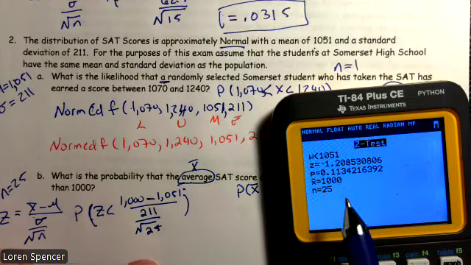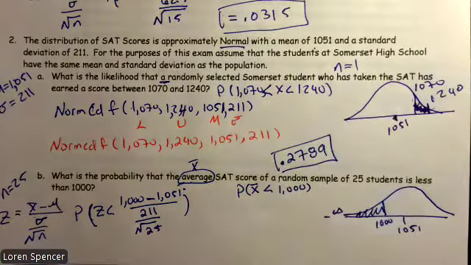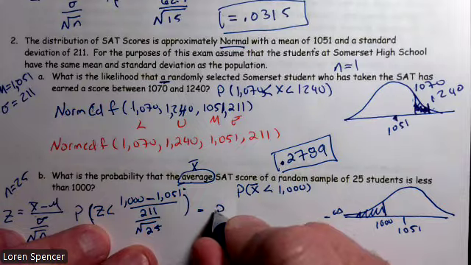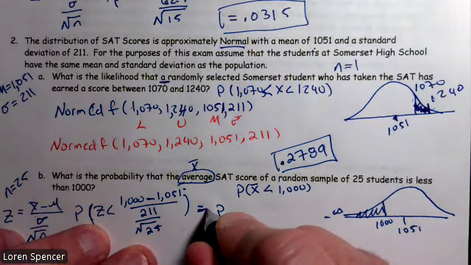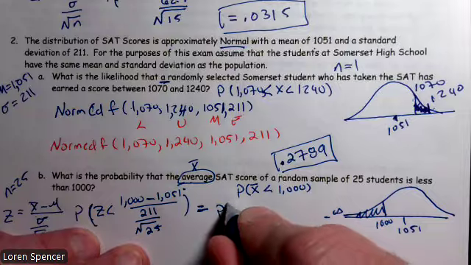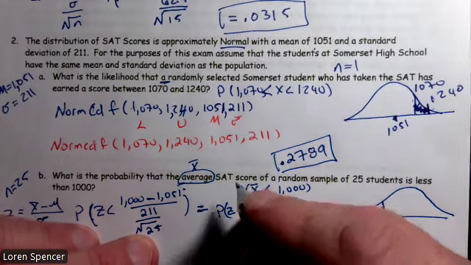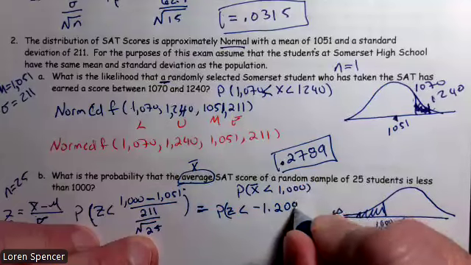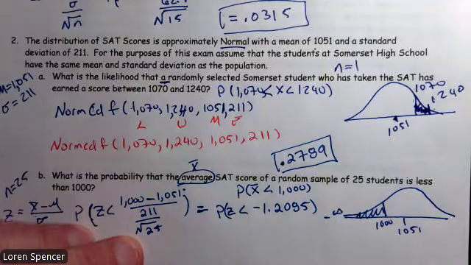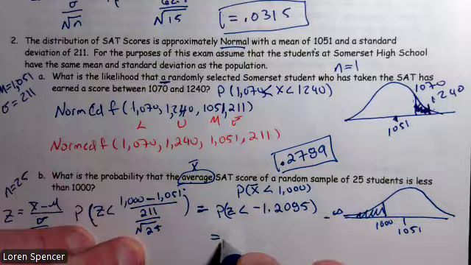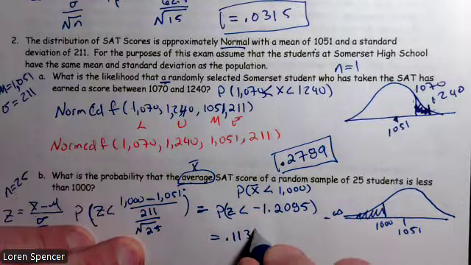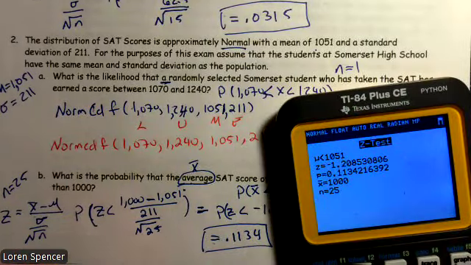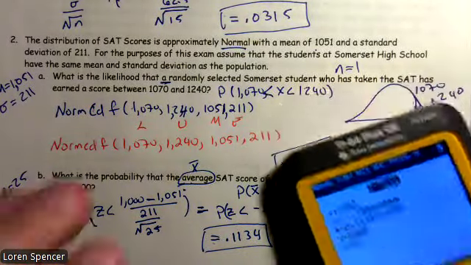And we end up getting a negative 1.208. So the probability that Z is less than negative 1.2085 equals 0.1134. Let's box that answer. Okay, all right, next problem.